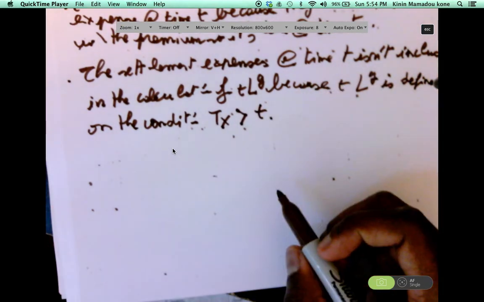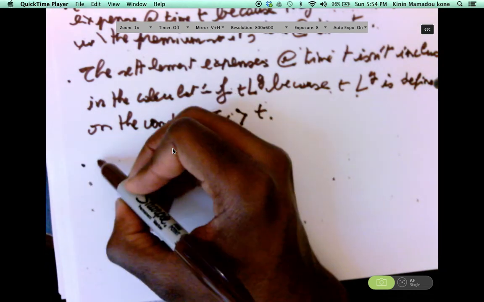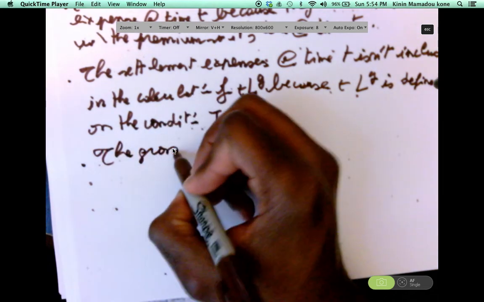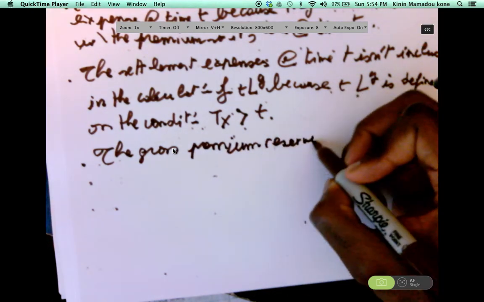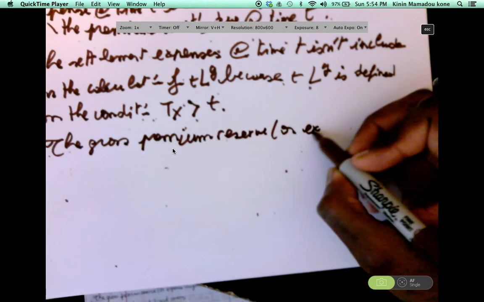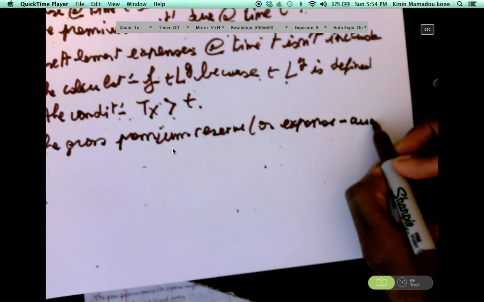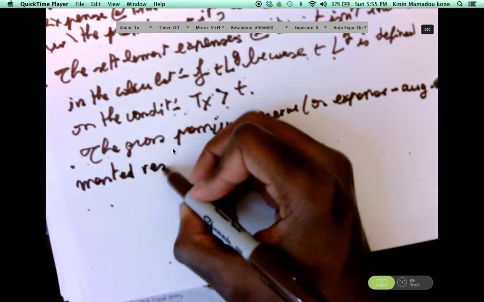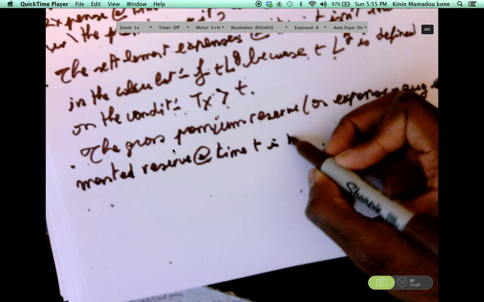So the gross premium reserve, or the expense augmented reserve, at time t is the conditional mean.